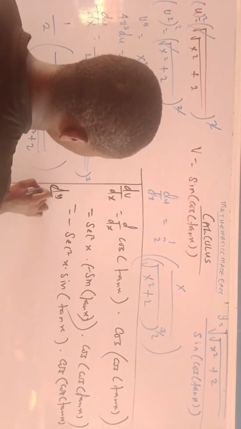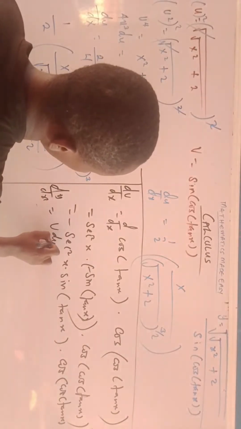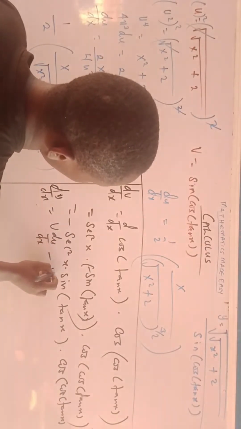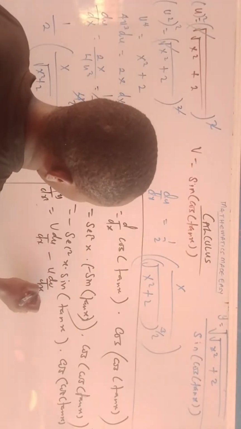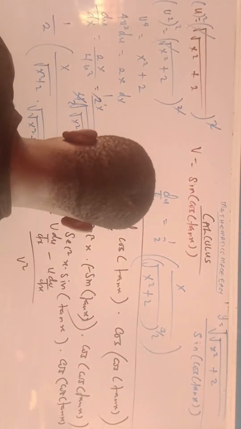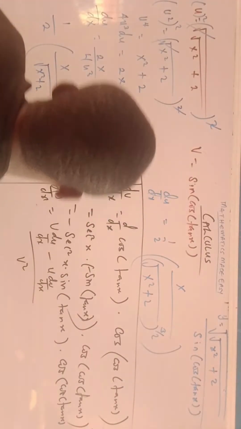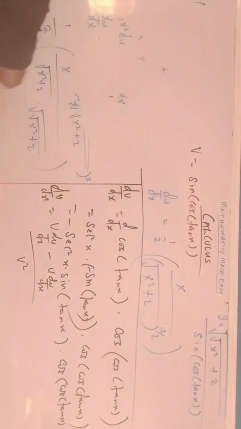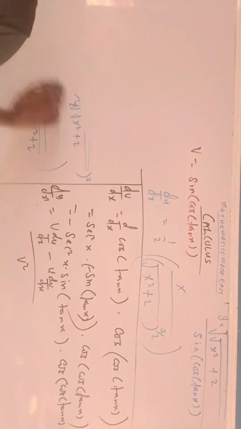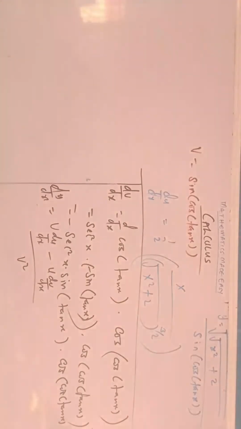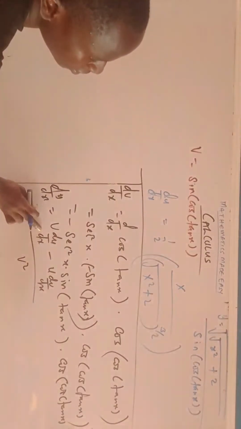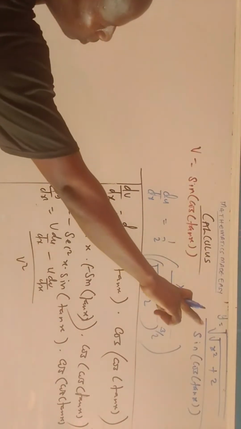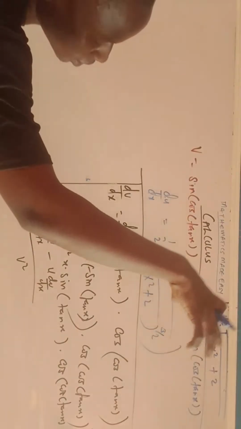Then you make use of your formula, which is dy over dx is equal to v du dx, minus u dv dx, then everything over v raised to the power of 2. Right, so let me clean these parts. Now we can have dy over dx, which is equal to u. What is our u? That is square root of x squared plus 2.